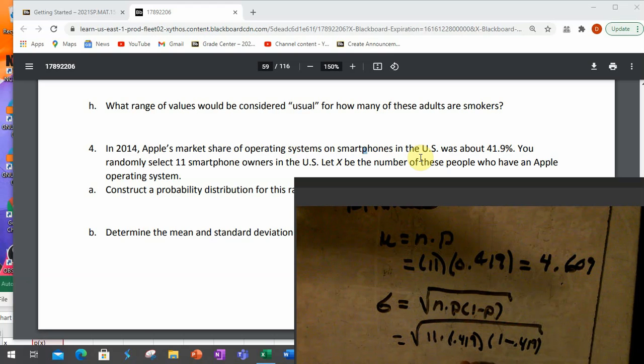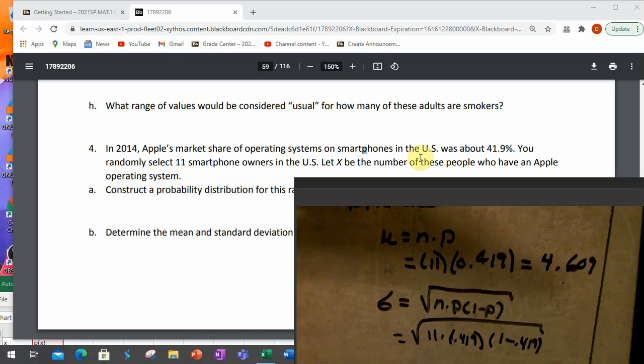Get these numbers, 4.609 times that, and then take the square root. If I do that real quick, I get 1.636.